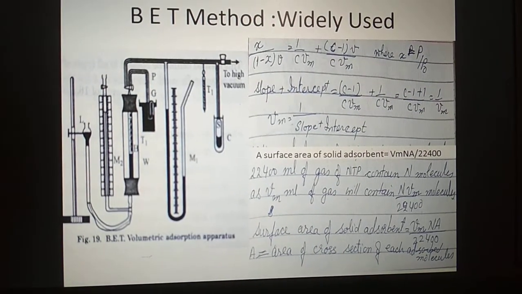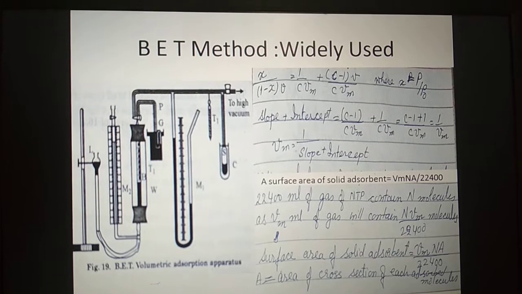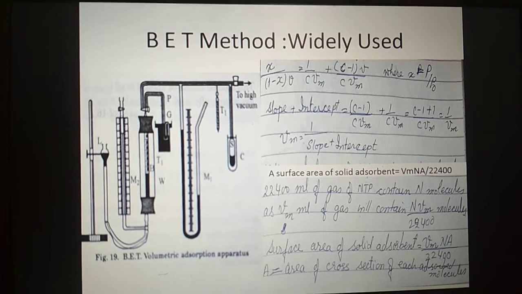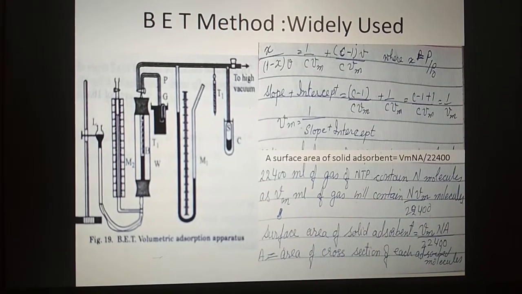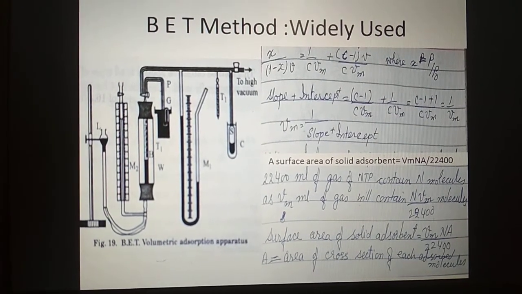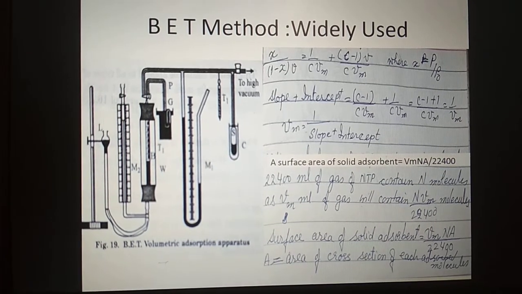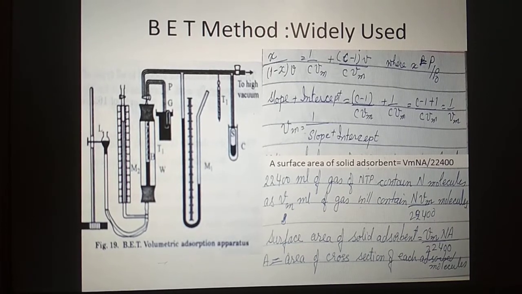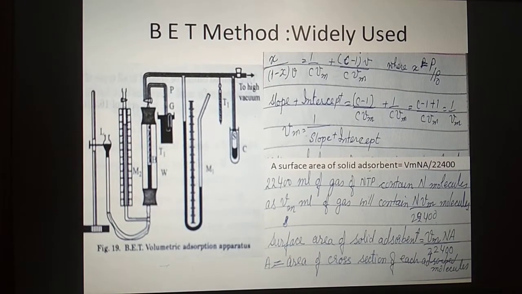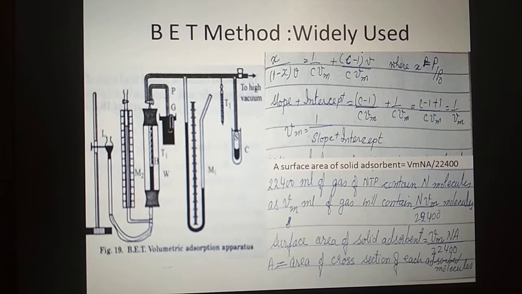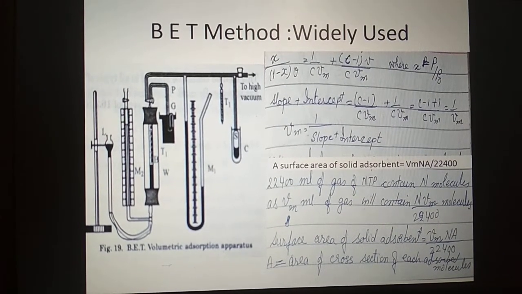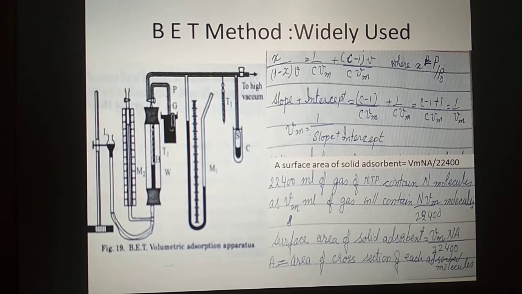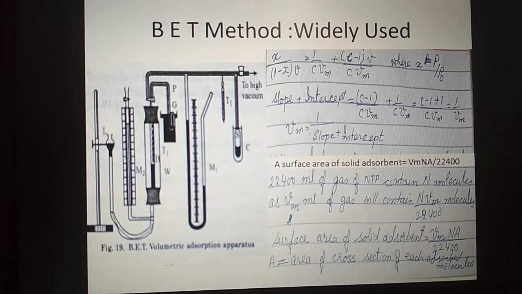Vm is equal to 1 upon slope plus intercept. 22,400 ml of gas at NTP contain N molecules, so Vm ml of gas will contain N Vm upon 22,400 molecules. Surface area of solid adsorbent is equal to Vm N A upon 22,400, where A is the area of cross section of each adsorbed molecule.